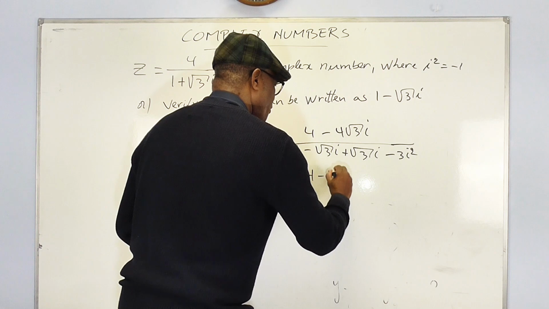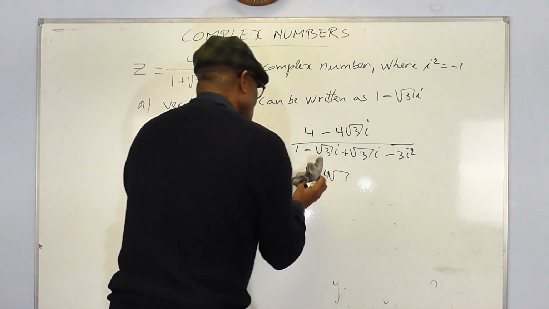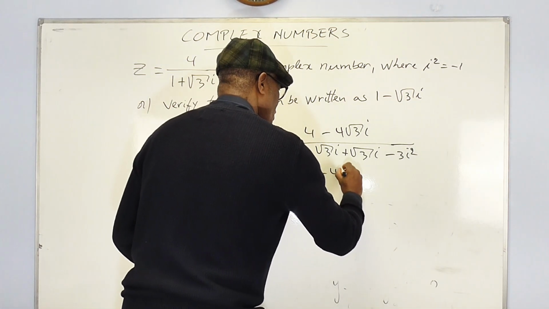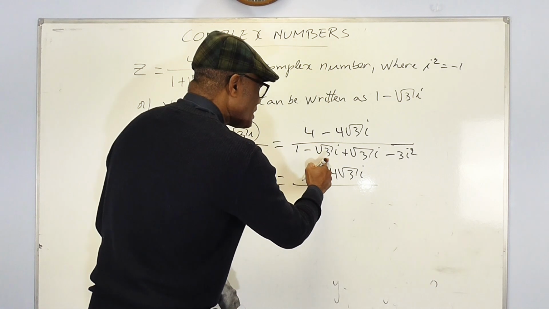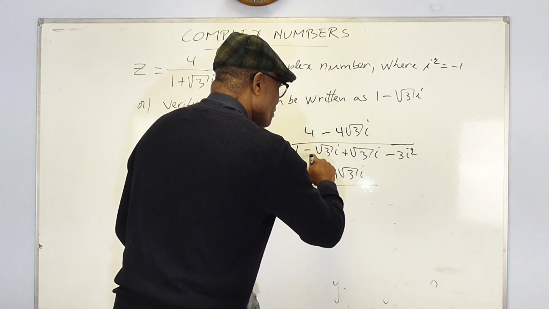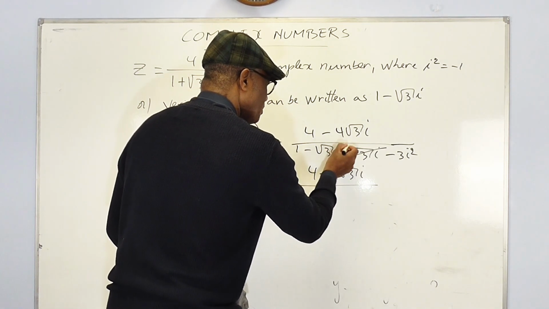So we are going to write 4 minus 4 square root of 3 i. And then look, minus square root of 3 i plus square root of 3 i will give 0.